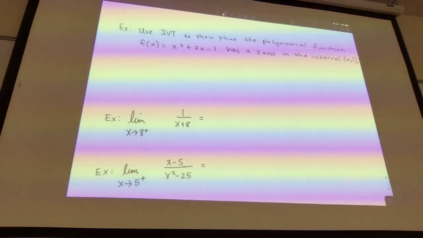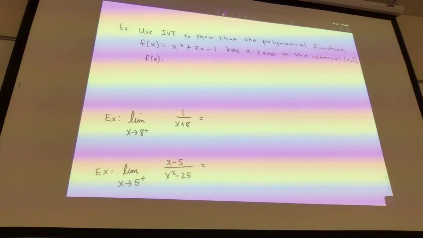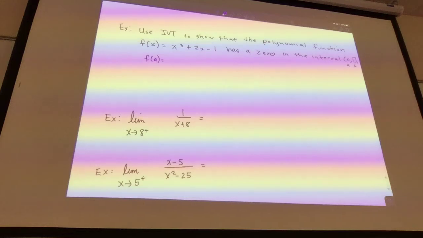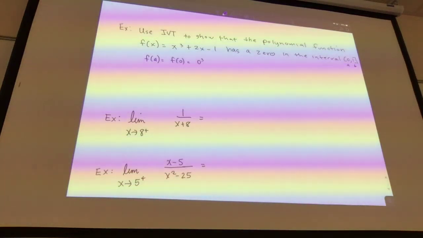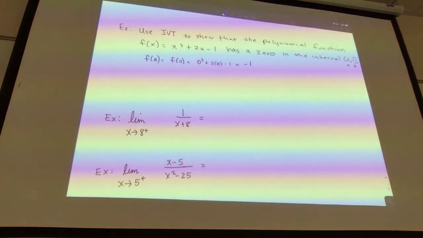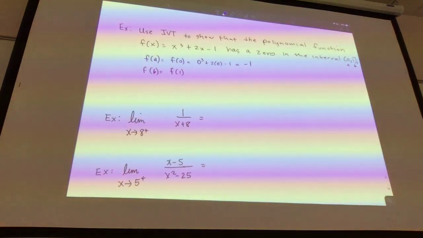So I'm going to start there. So let's do f of a. What's our a this time? 0. And our b is 1. So f of 0 would be... f of b is f of 1. So 1 cubed plus 2.